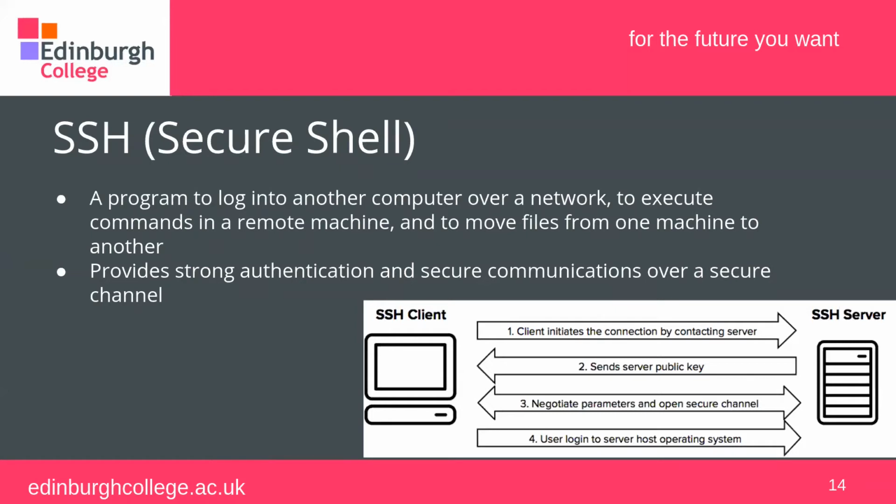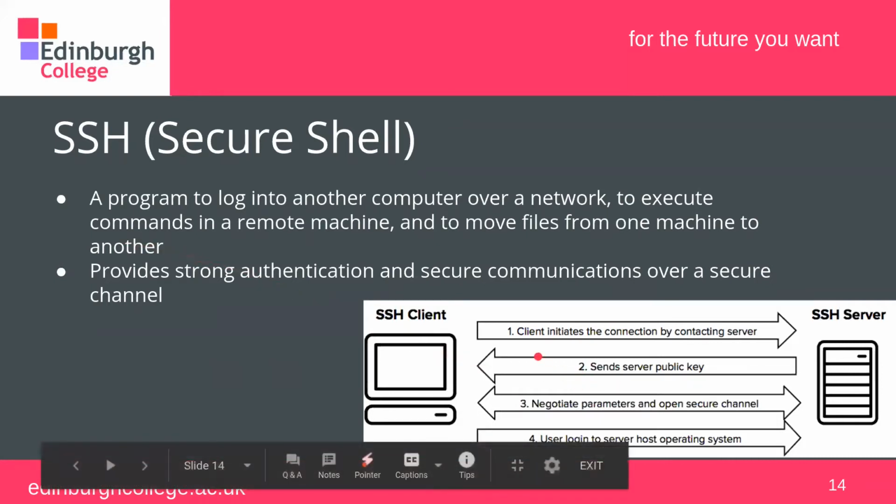It's a program to log in to another computer over a network, and we can use it to execute commands or send files. It provides strong authentication and secure communications. So in the lab today, we're going to go through the process of setting up SSH on the Windows server so we can log into it over the network using a terminal emulator or using PuTTY.